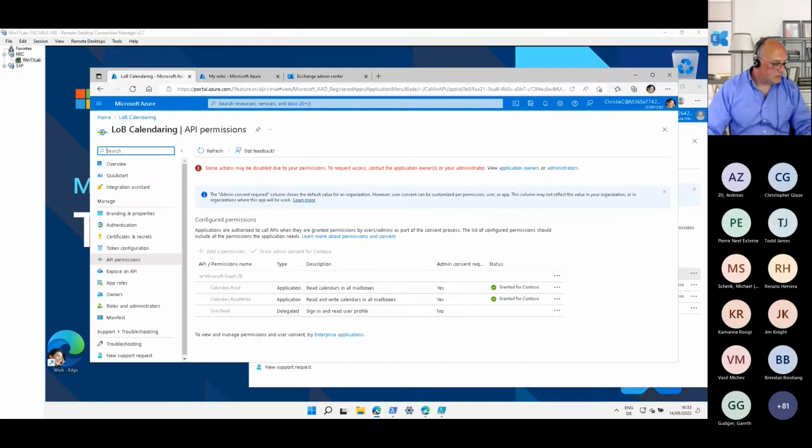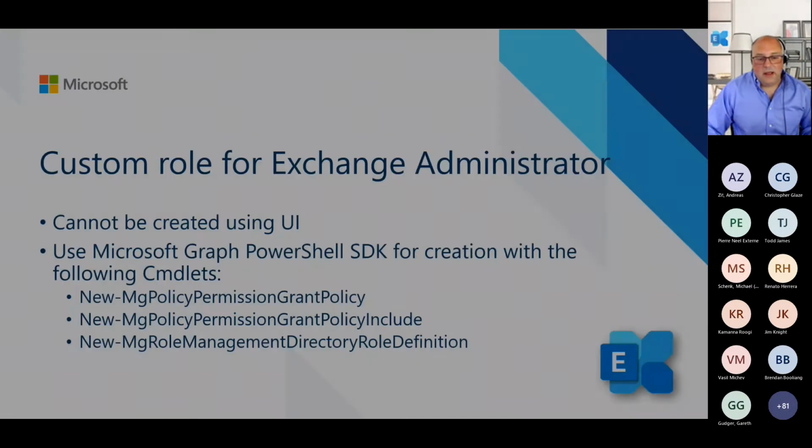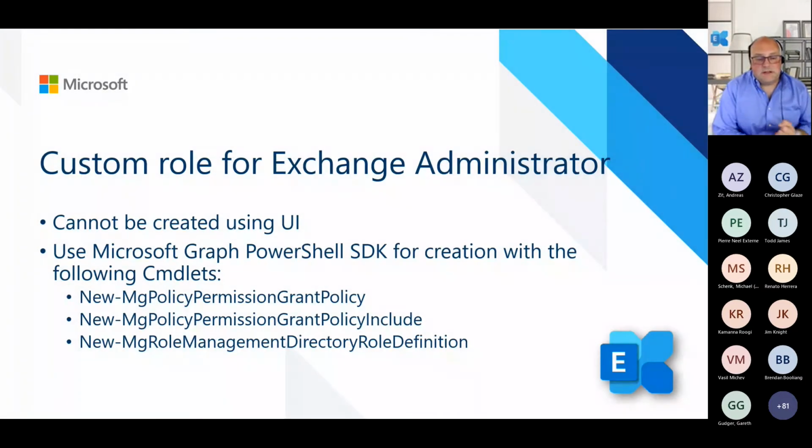Just have a quick check on the chat. Okay, let's save this for the Q&A. Again, what I just showed you are just those three PowerShell Graph SDK cmdlets that I used for creating the custom role.